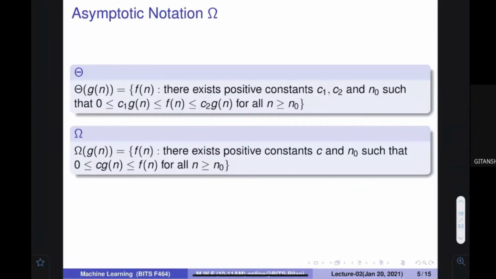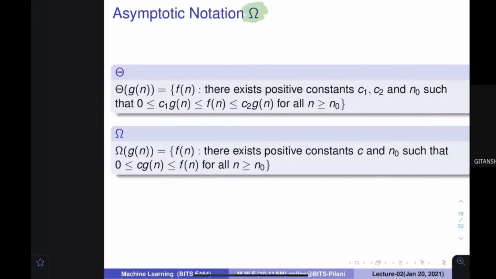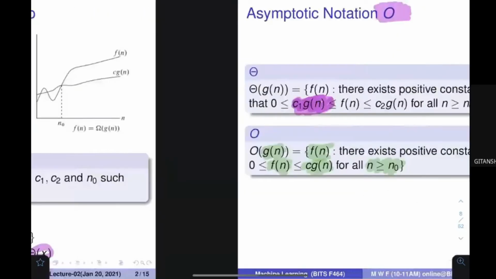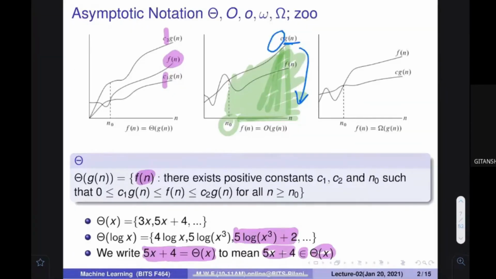Okay, so the next asymptotic notation is omega, and let us talk about big omega. This omega is actually the third graph that we had here.